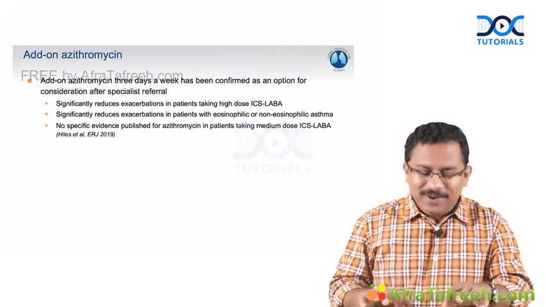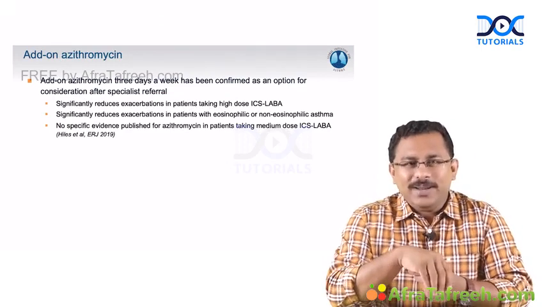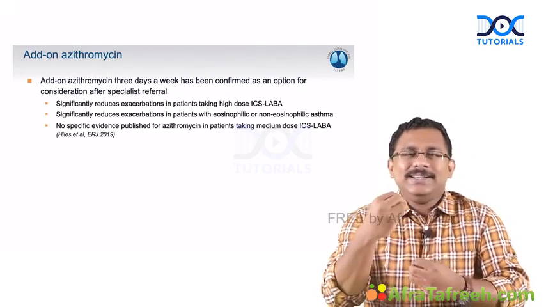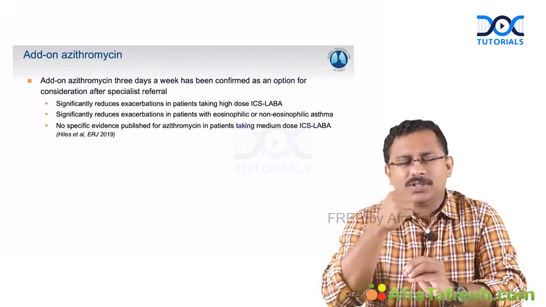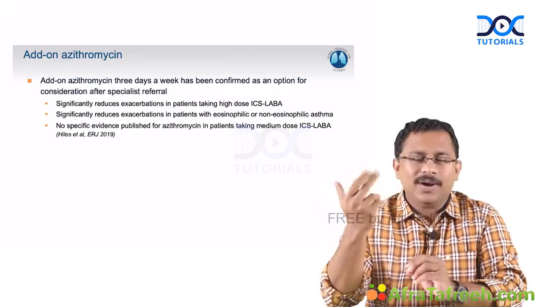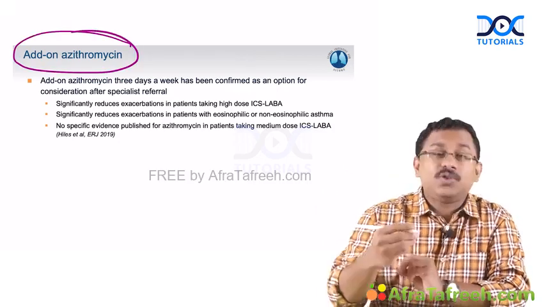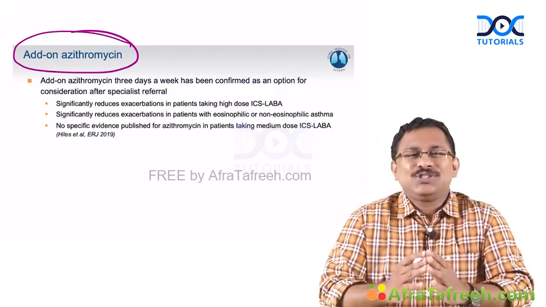Now, something again very, very interesting. The 2021 guidelines of GINA also say that in step 5, we might also give oral corticosteroids, whether it be track 1 or 2. You can think of giving add-on azithromycin as well. Surprised? Yes, it is true.